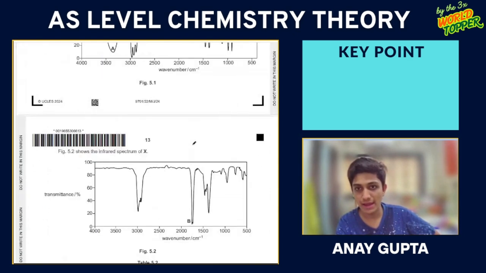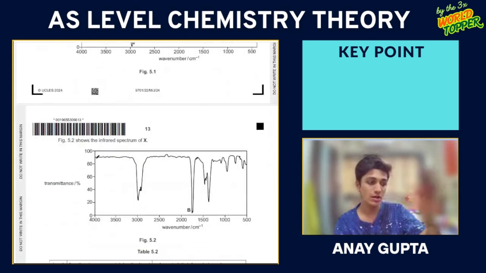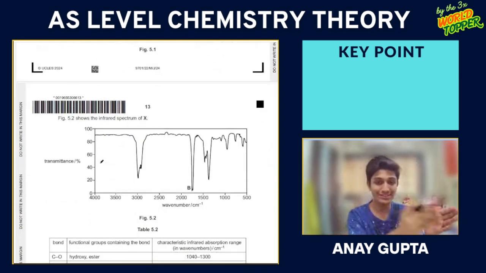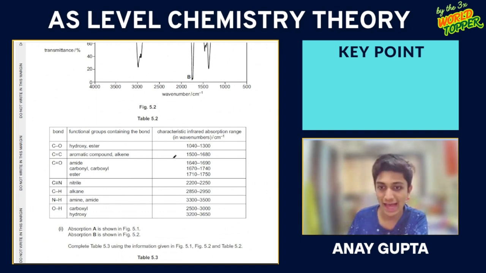So A over here is at a wave number of about, say, 3200, 50 to 3500. That is in the half towards 3500 wave numbers. Over here this is arranged in ascending order. So if I see, I can have only two particular functional groups, that is an amide or a hydroxy, right?